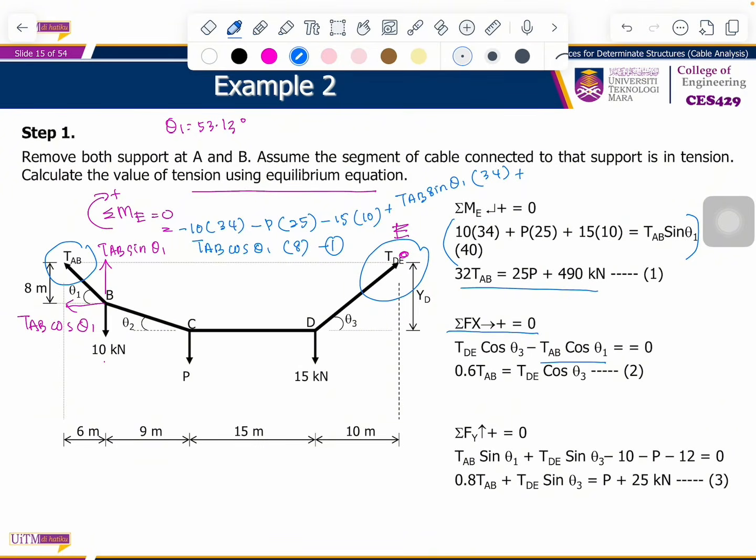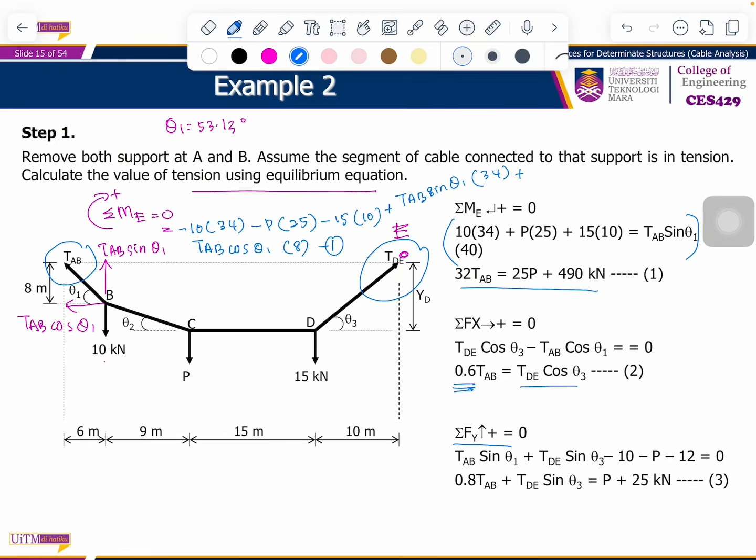We assume this as equation 2. Since theta 1 is 53.13, cos 53.13 becomes 0.6. So 0.6 TAB equals TDE cos theta 3. This becomes equation 2.